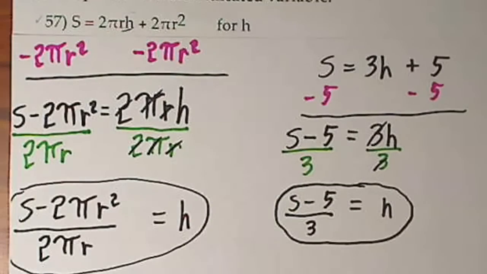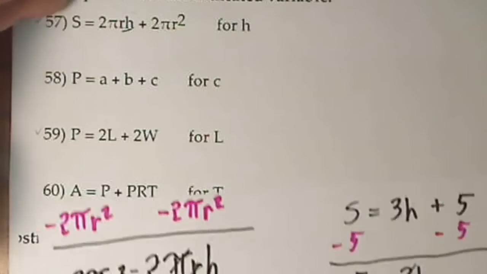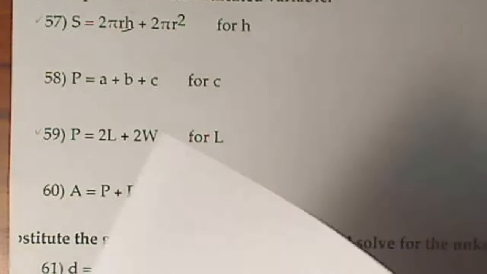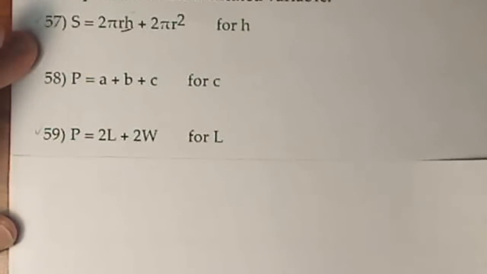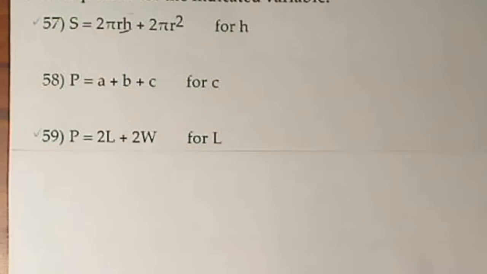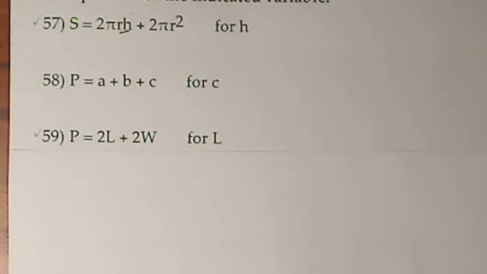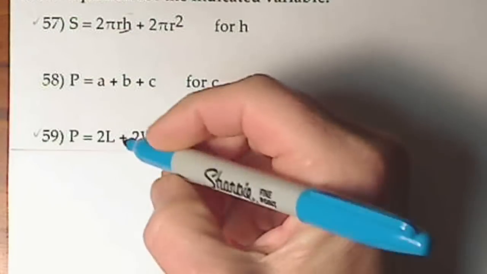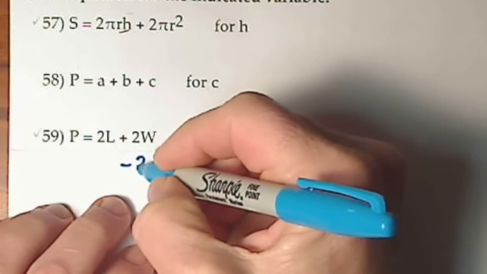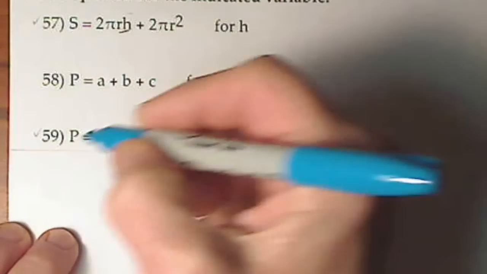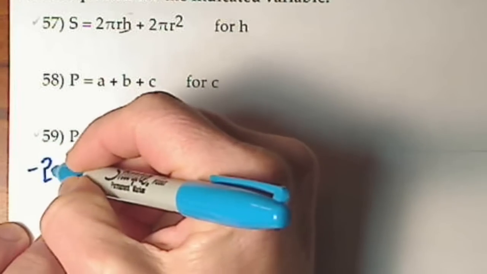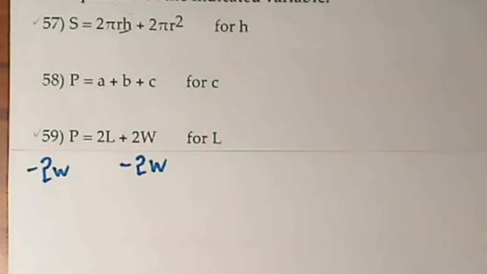This was problem 57. We're also going to solve problem 59. For L, so I have something being added and subtracted. I think you know how we're going to get rid of that. Get rid of this 2w with minus 2w, minus 2w.